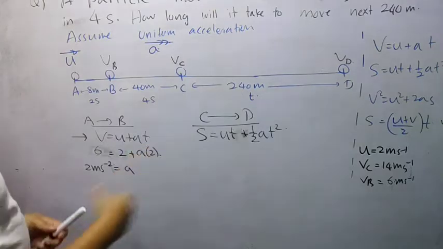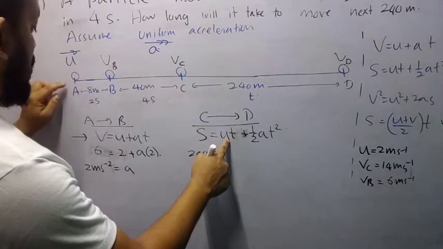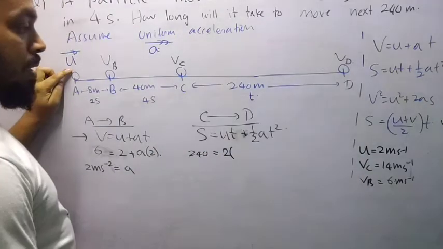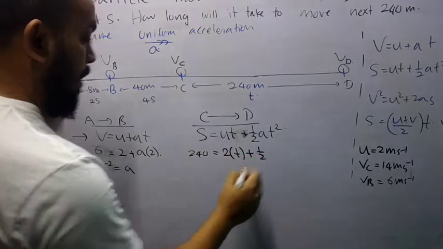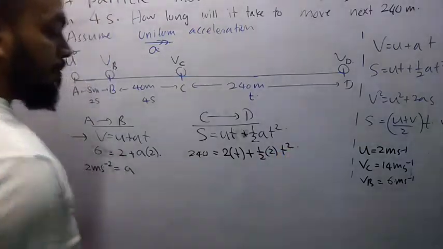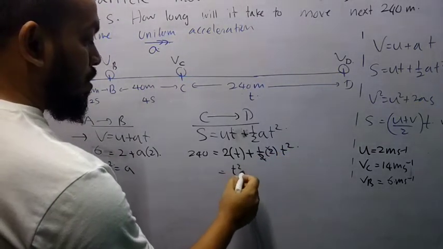So from C to D, S is 240, U was 14 meters per second, and this is T, then half into A, which is 2, and T squared, right? So 2 cancels out, and we get T squared plus 14t minus 240 equals 0.